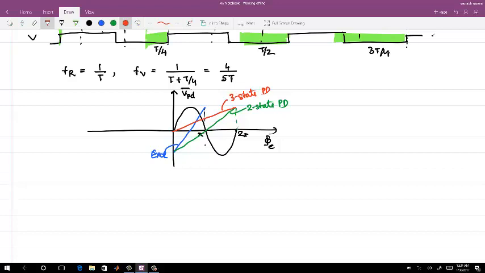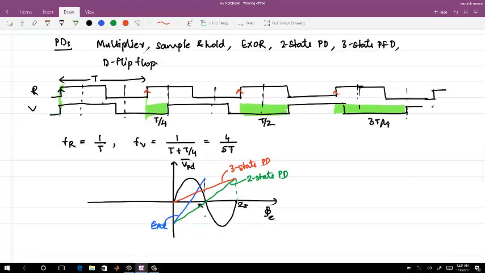The example which I have shown you, the frequency error remains the same, meaning the reference clock frequency is higher than the output clock frequency, where this is reference and this is output. So the phase error increases. You are at T by 4, T by 2, 3T by 4.